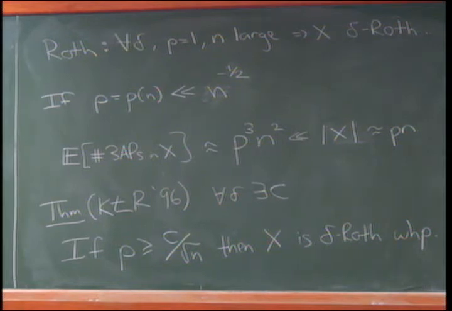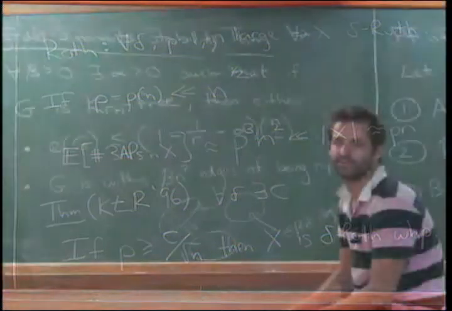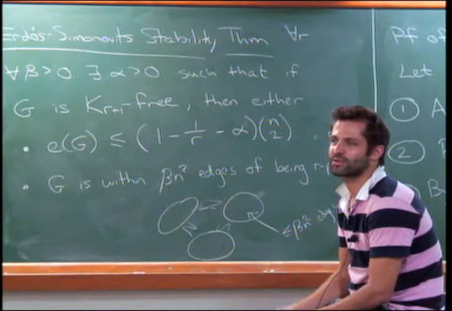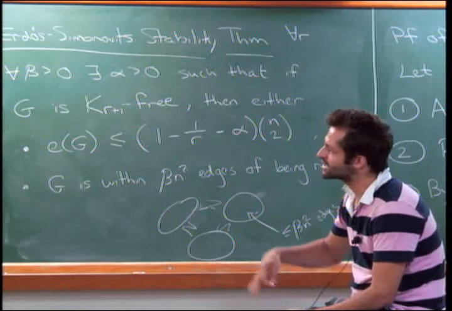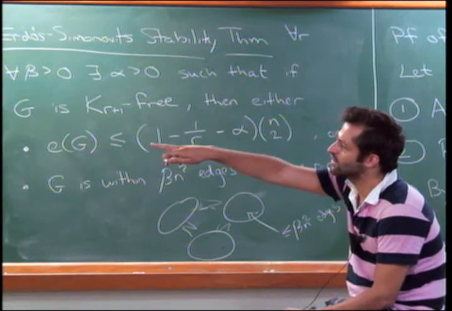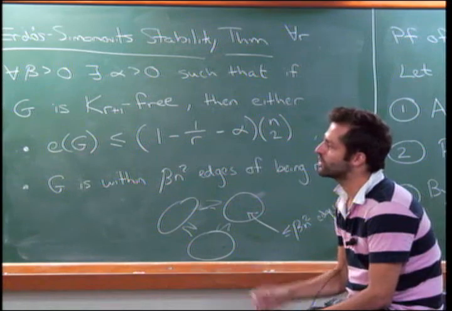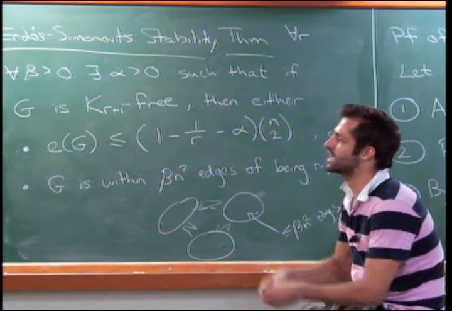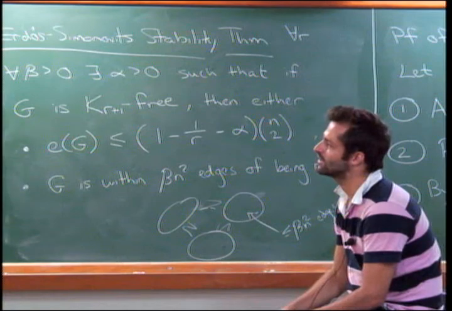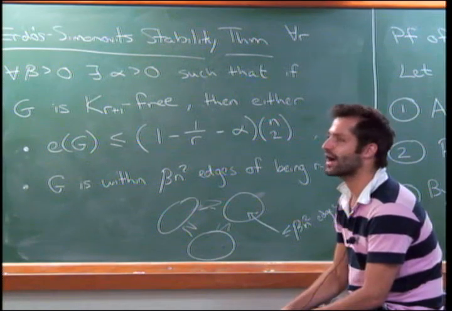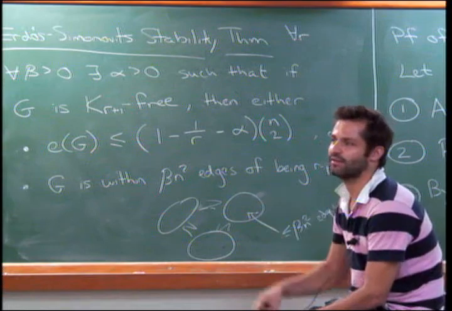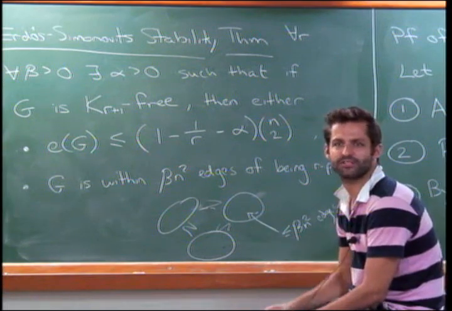It should be, perhaps, somewhat surprising. Note that it's not even obvious that the probability of being delta Roth is increasing in p. It feels like perhaps it should be, but as p increases, your set X is getting bigger, and so your set A has to get bigger, but you also have more choice about what things to throw away.